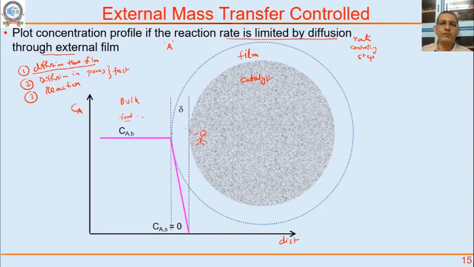If the rate at which food comes to you is very small through this external mass transfer, kitchen to your table, there will be nothing on the table because you will eat it very quickly. This is how the concentration profile will look like.